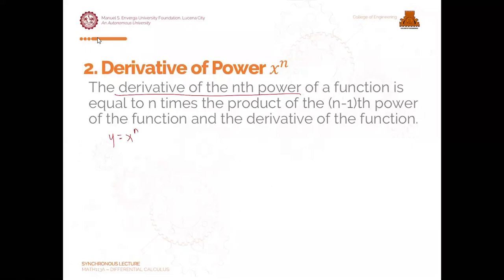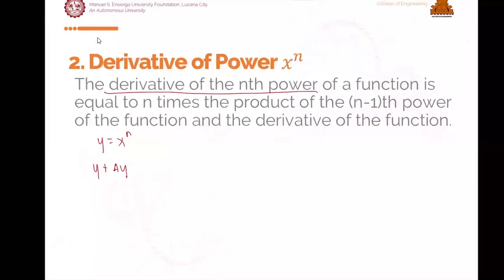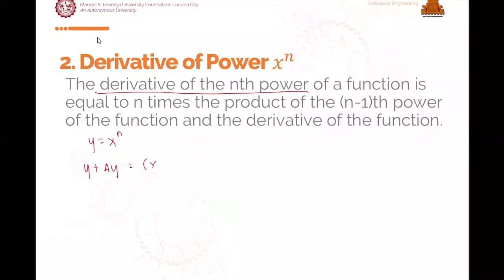To get its derivative, we use the increment method. So y plus delta y, and what happens here is x plus delta x raised to n.